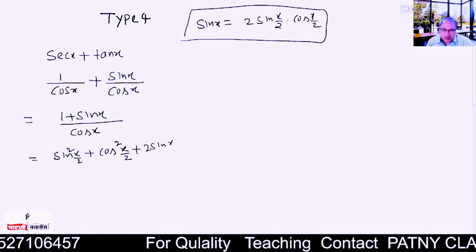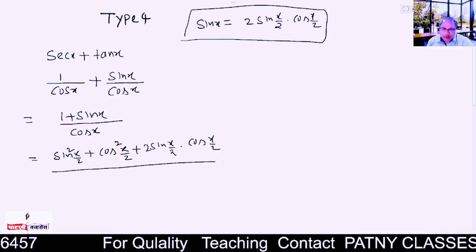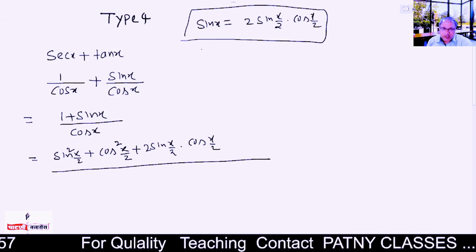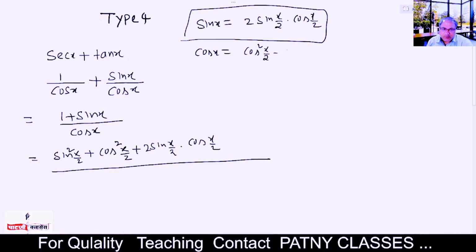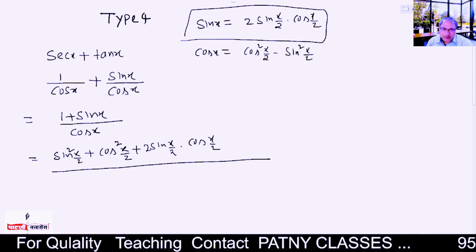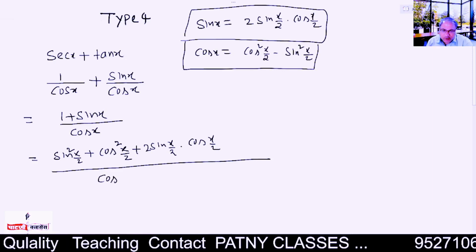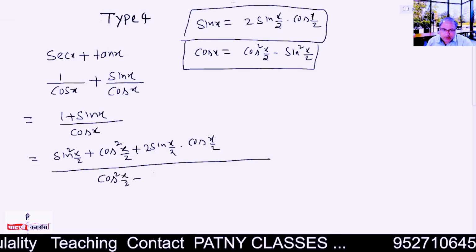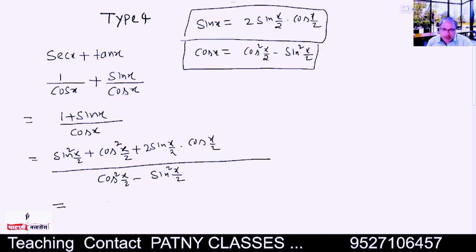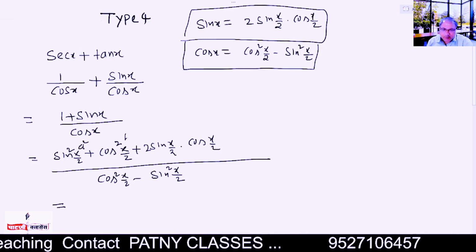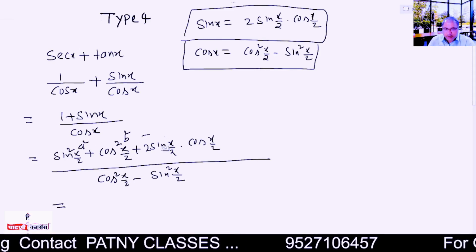So it is 2 sin x by 2 dot cos x by 2 upon, here is a cos x, and cos x can be written as cos square x by 2 minus sin square x by 2. It is a trigonometric formula, so that formula also I am using here, cos square x by 2 minus sin square x by 2. The numerator equals a square plus b square plus 2ab, that is a plus b whole square.